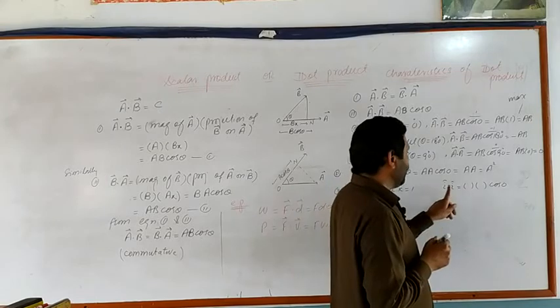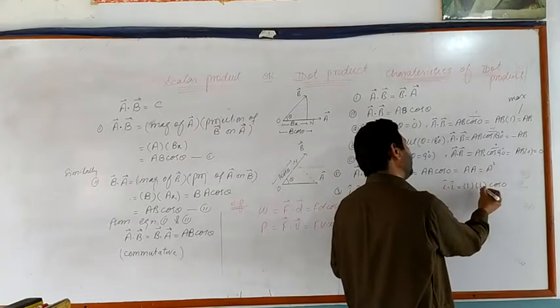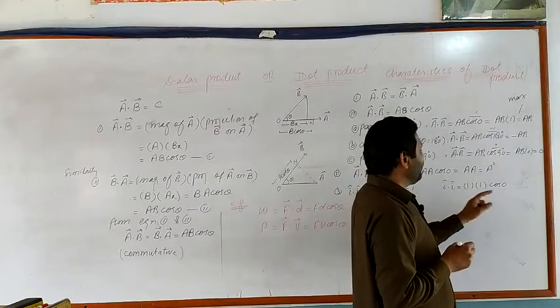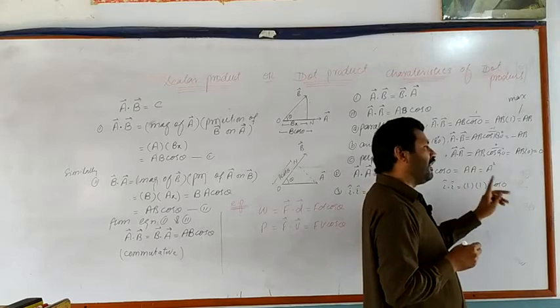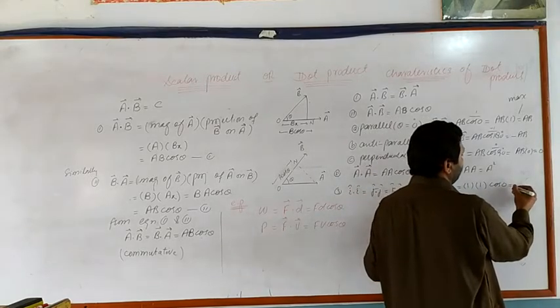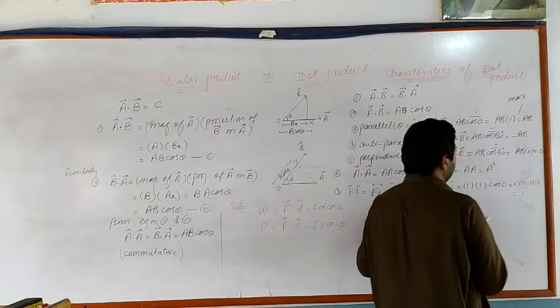In the brackets we put the magnitude of this unit vector, which is 1, and this unit vector also has magnitude equal to 1. As these two unit vectors are along the x-axis, meaning parallel to each other, the angle between them is equal to 0, cos 0 is equal to 1, and the resultant will be 1 times 1, which means 1.